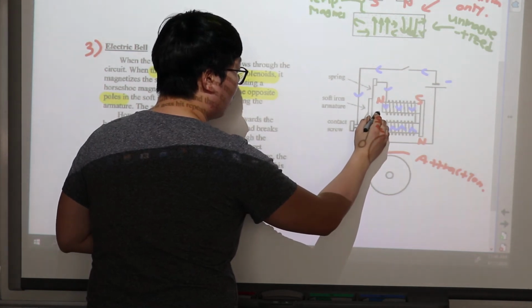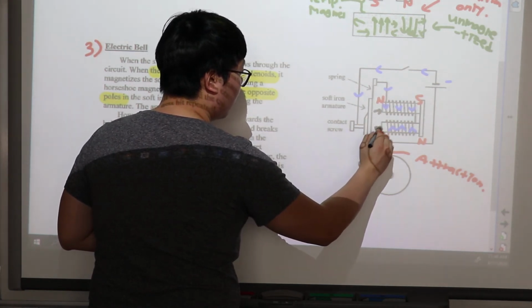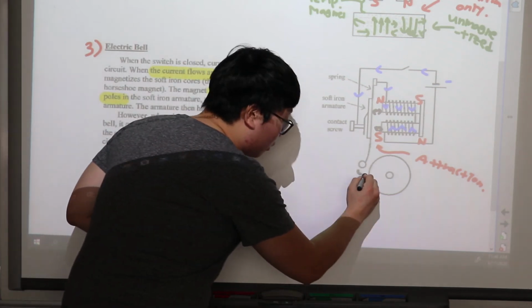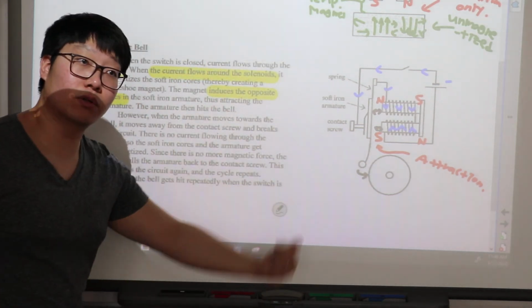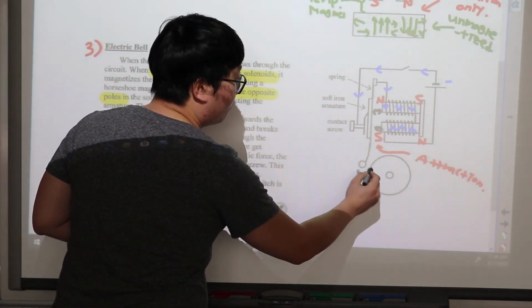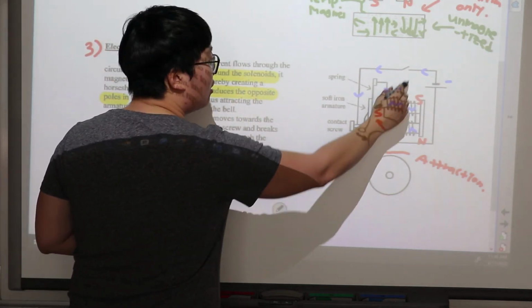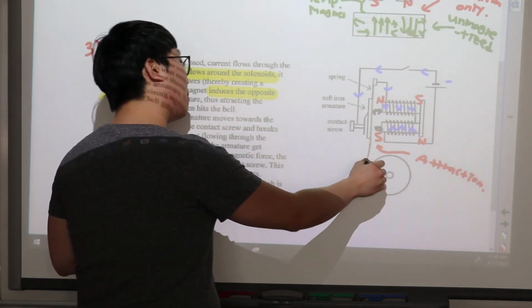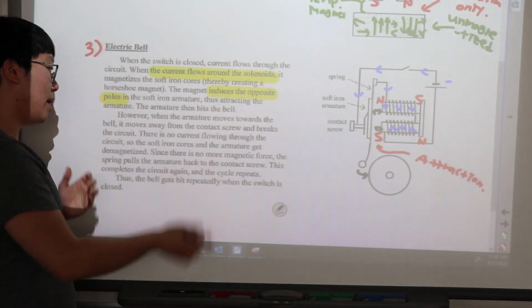They tend to go close together. And by moving this, there's a little torque, which is what we call the circular force motion and momentum. The torque will make this hit. But once it hits, you may notice that there is a little contact screw. You're going to temporarily disconnect and break the circuit.